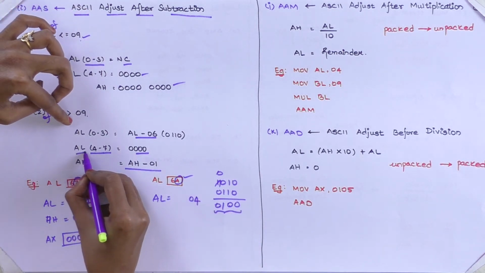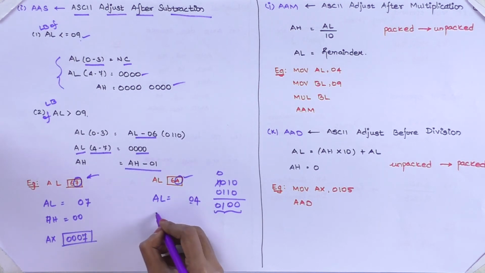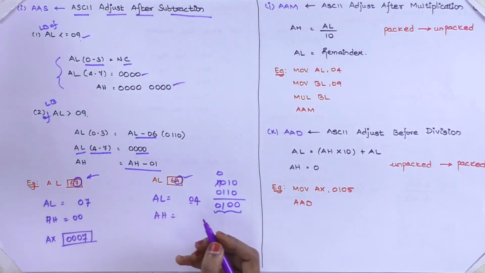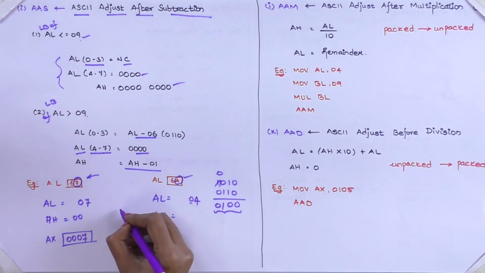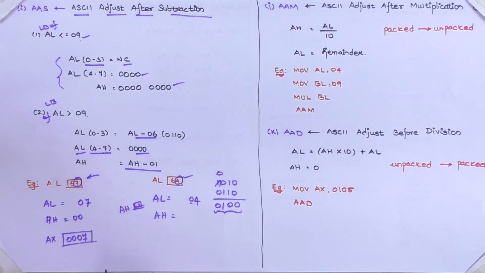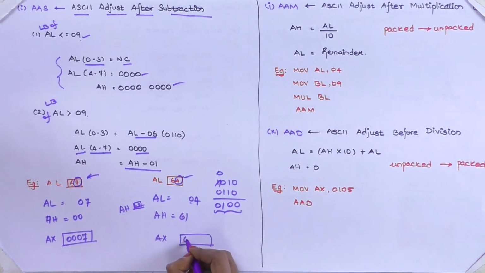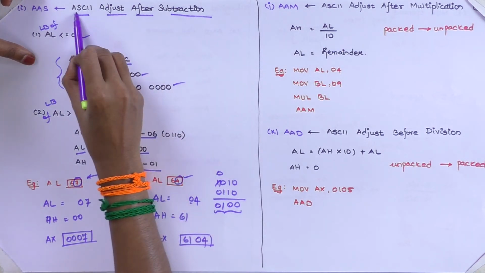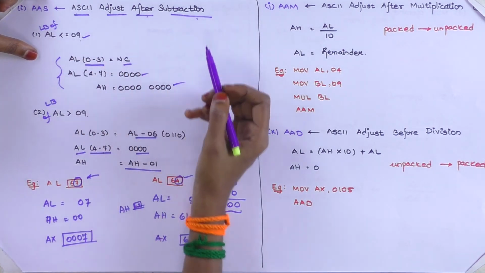Okay. So AL bits 4 to 7 have become 0. Then AH will be decremented by 1. So for example, if AH has the value 62, if you subtract 1, this will become 61. So as a whole, AX will have the value 04. So this is for ASCII adjust after subtraction.